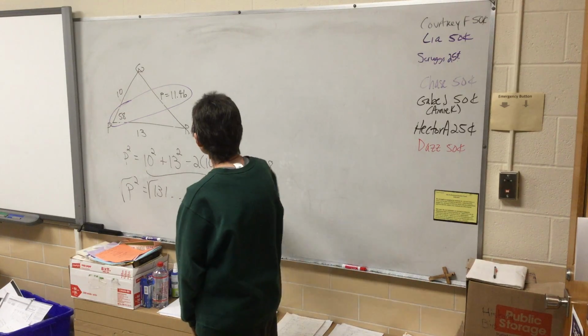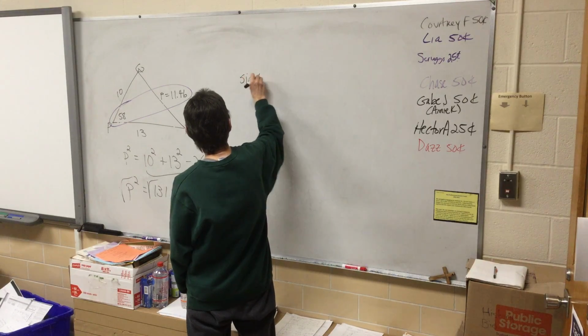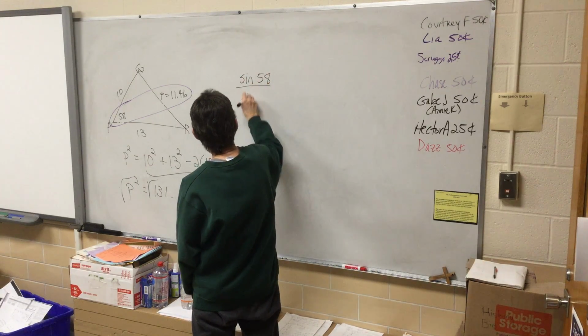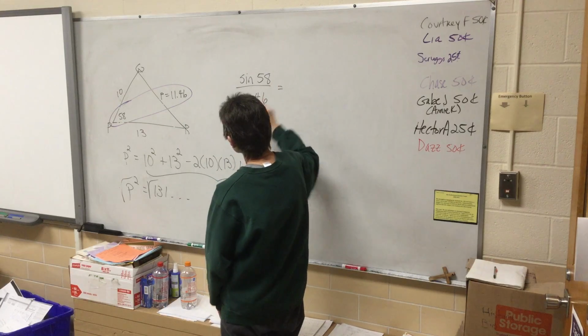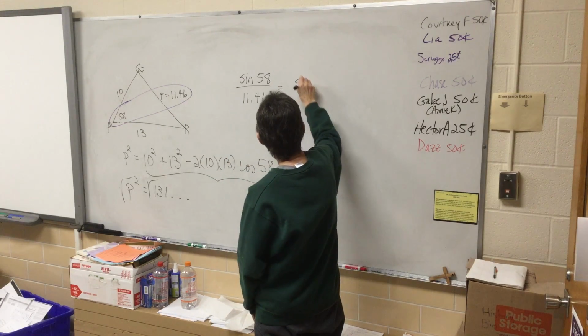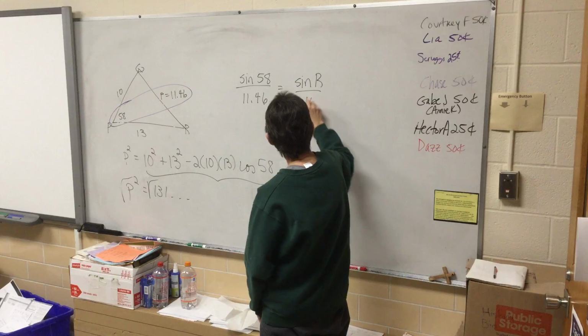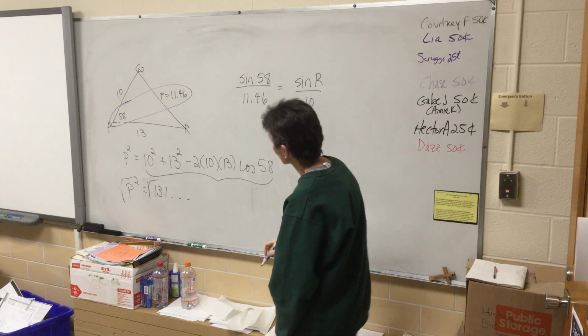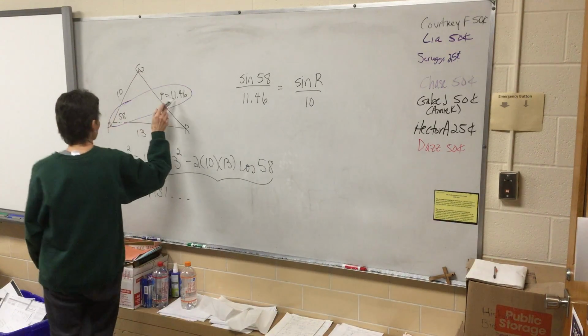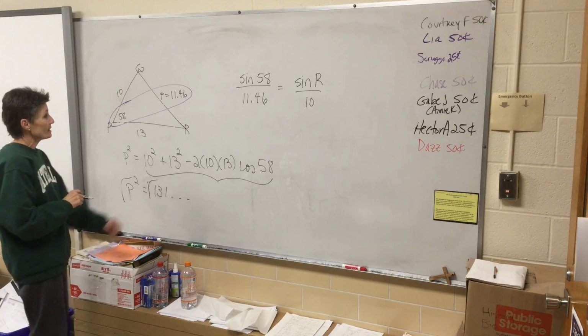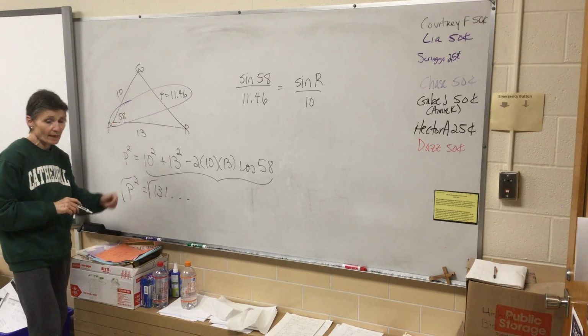Sine. Exactly. So sine 58 over 11.46 equals sine r over 10.